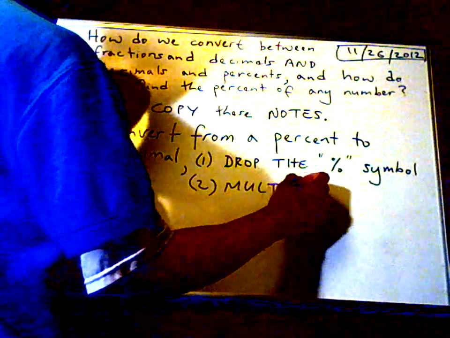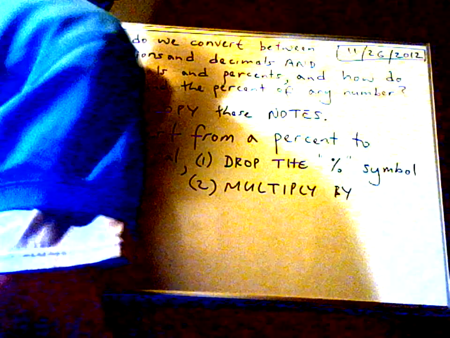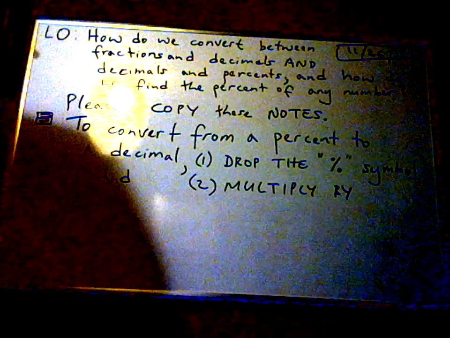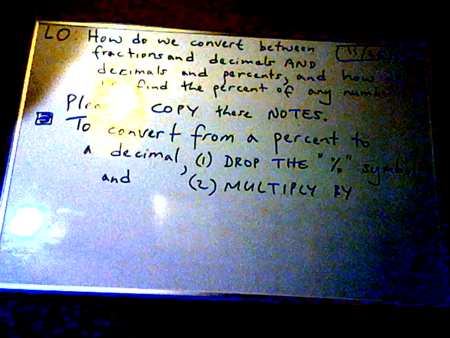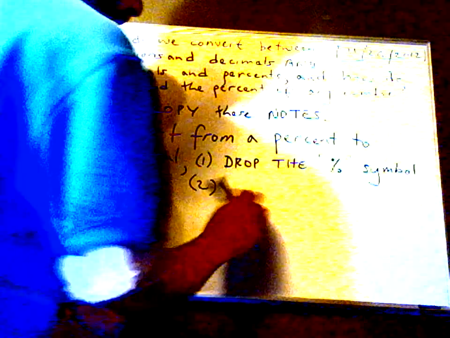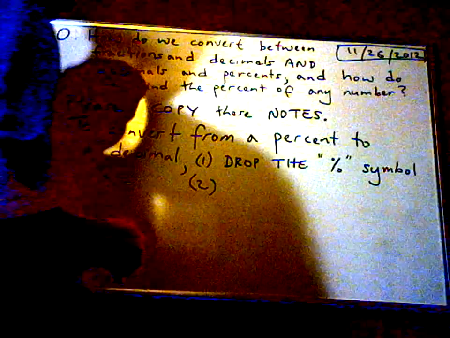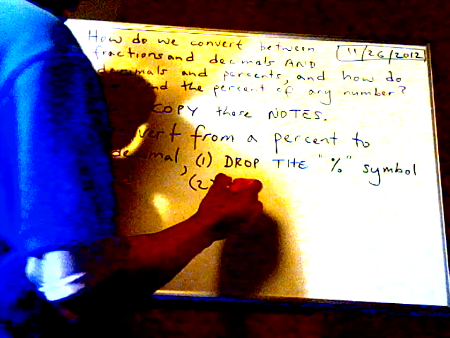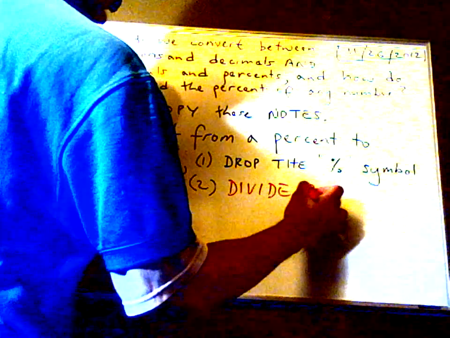To convert from a percent to a decimal, you drop the percent symbol, and you are not multiplying this time, you are dividing. Okay, so sorry about that. You drop the percent symbol and you divide by 100.